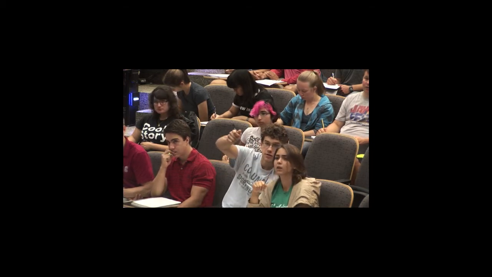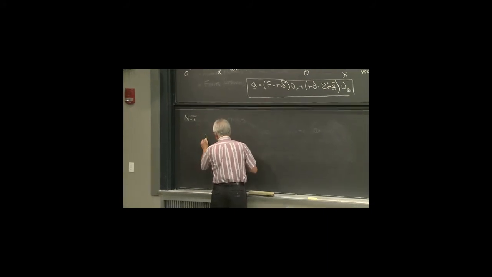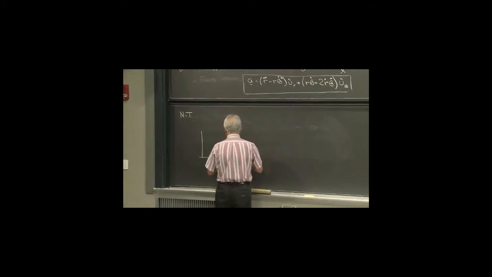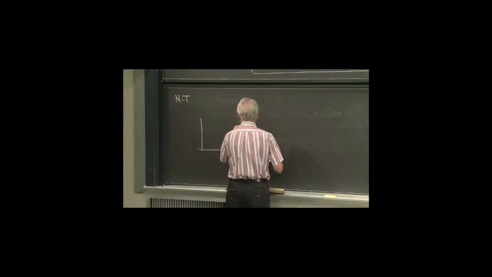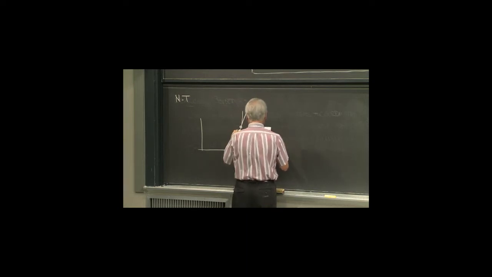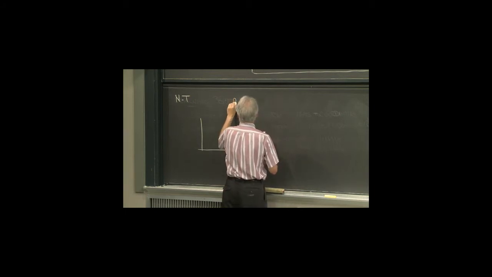Okay, now the last one is the so-called normal-tangential coordinates, and it looks like this. Once again, there is a path. Once again, I'm trying to draw exactly the same situation. So there's the path, there's the velocity, and somewhere out in here is the acceleration.